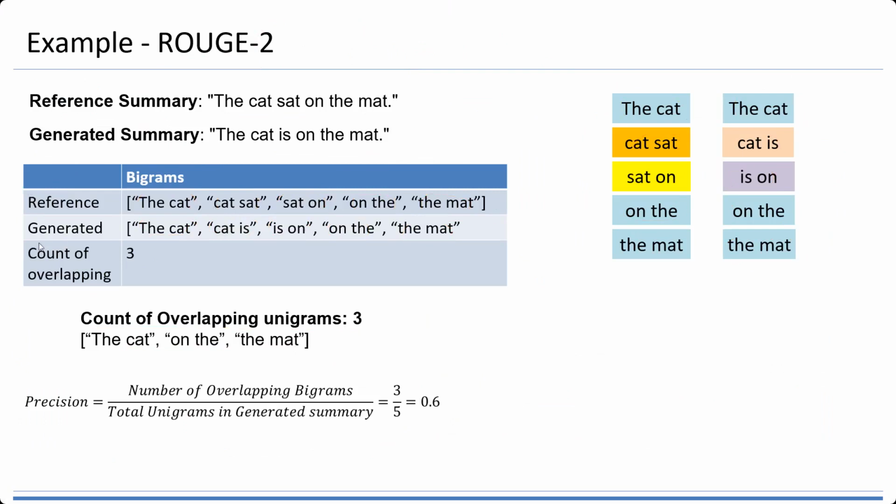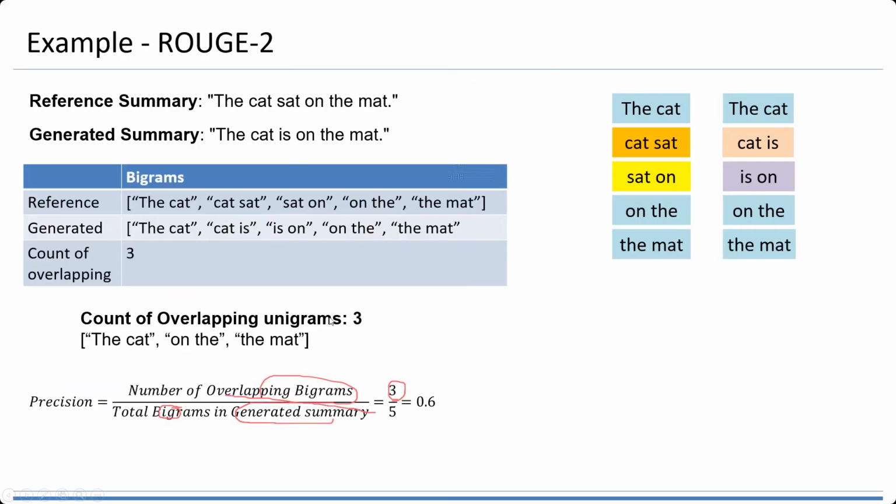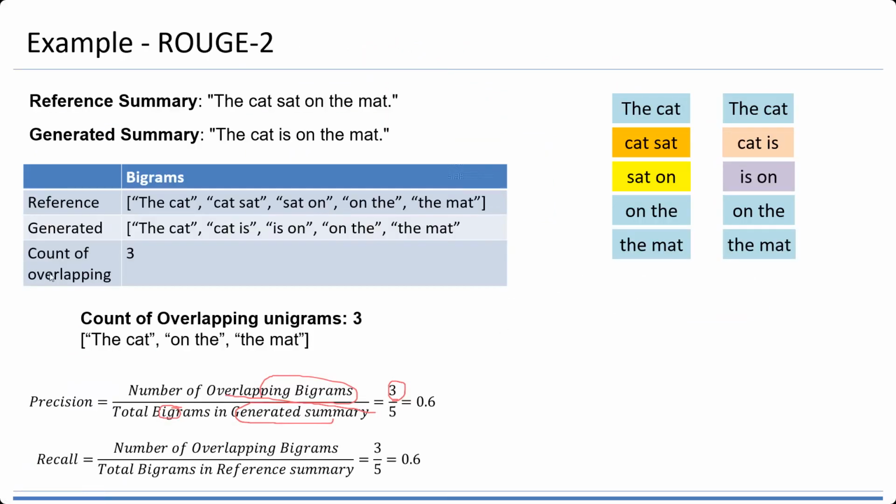The precision means the number of overlapping bigrams, which is 3, divided by the total bigrams in the generated summary.